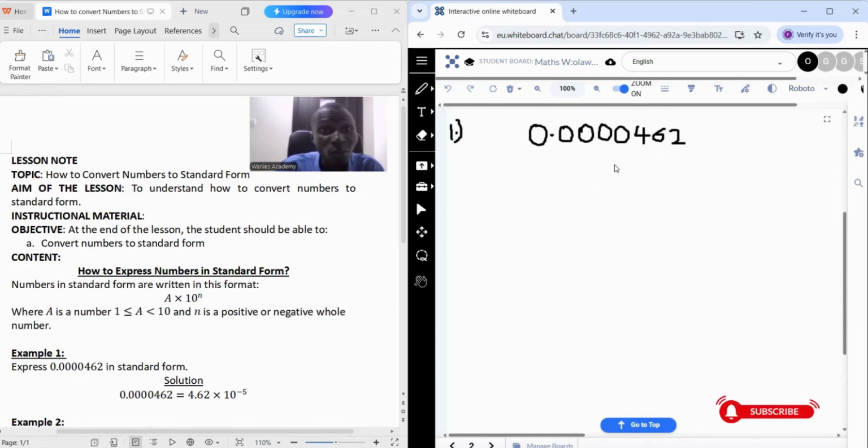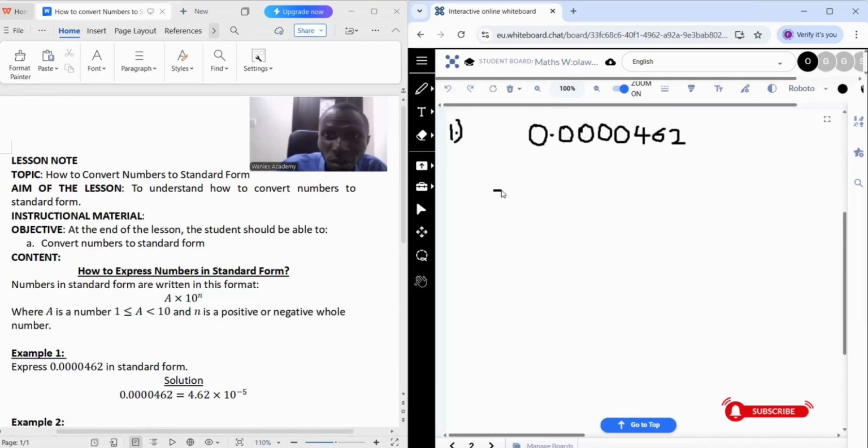We want to express this number in standard form. How are we going to go about this? The first thing I have to do is to think about the first number. The first number is a number that is greater than or equal to 1 but less than 10. So from this number, we can have the first number to be 4.62.